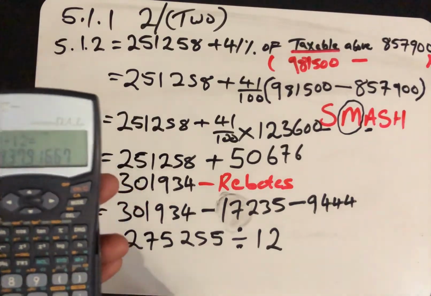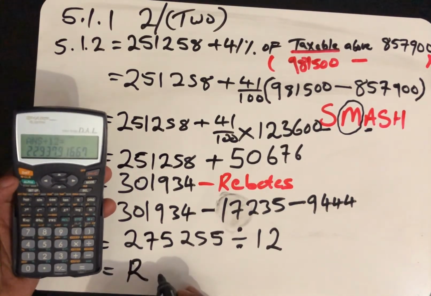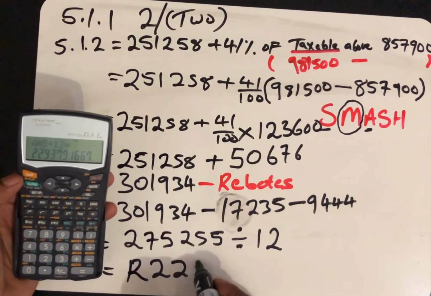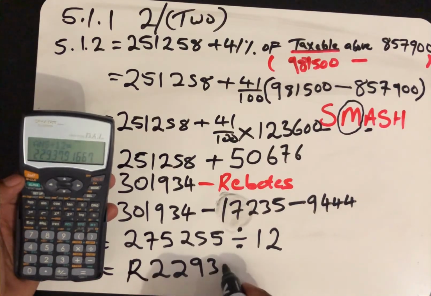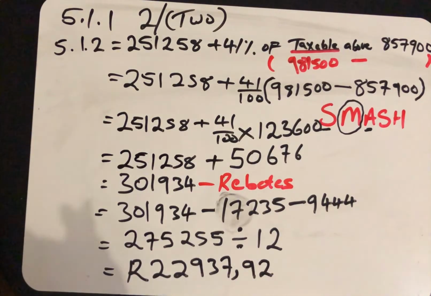We found that each and every month this person is going to pay 22,937 rands and 92 cents. So this is the tax amount a person is going to pay each and every month.